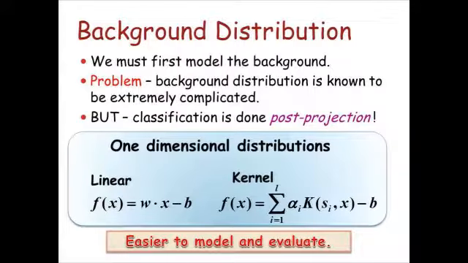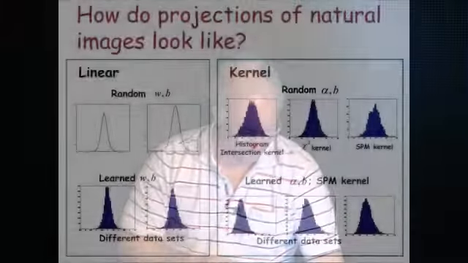So you just go around this really difficult problem because you're eventually working with one-dimensional data. Either linear or kernel, it doesn't matter. Basically, you collapse everything to the real line, and since eventually the detection is done after the projection, you have to solve a one-dimensional problem. And that we know how to do.